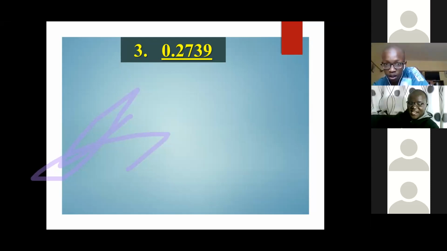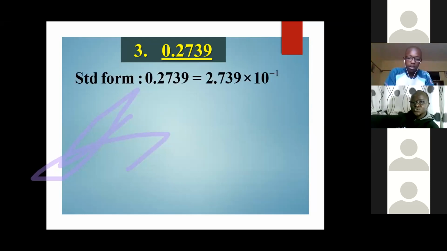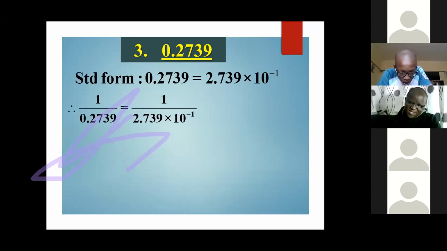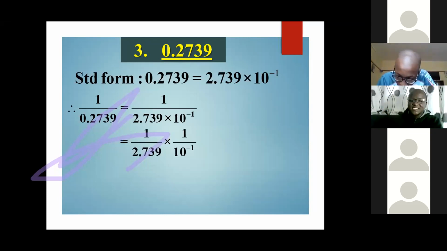In standard form, 2.739 times 10 raised to power negative 1. To our usual way of doing it, 1 over 0.2739 can be rewritten as 1 over 2.739 times 10 raised to power negative 1. And then we move over to how we split it.